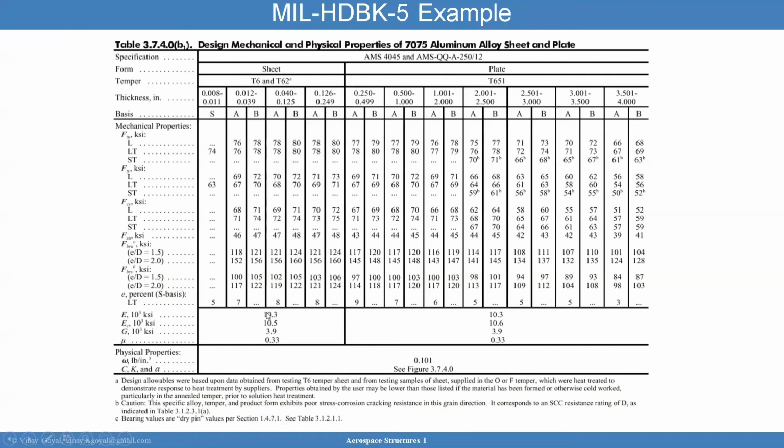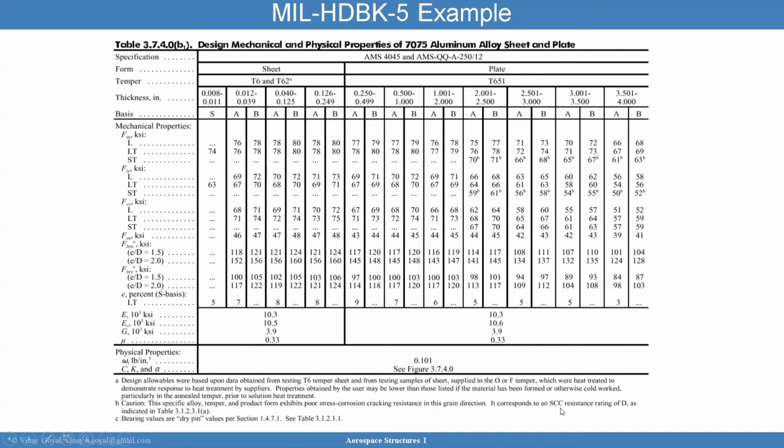The modulus is provided, and the compression modulus is provided. The shear modulus is provided along with the Poisson ratio. Physical properties are also given in various figures throughout the document. And they also give you some highlighting. They will highlight for you specific things. For example, there's a superscript B here, and that superscript B is telling you that this specific alloy, temper, and product form exhibits poor stress corrosion cracking resistance in the grain direction.